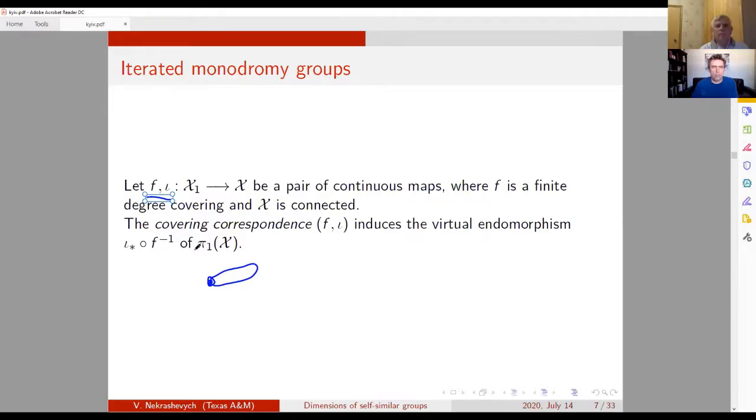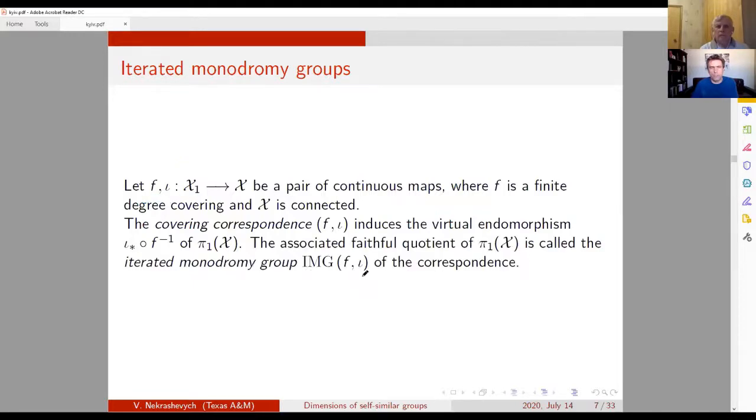So for a subgroup of finite index in the fundamental group, a lift will be a loop, so an element of the fundamental group of X1, and then you can push it back using iota to X. So lift by F and push forward by iota, that will be a virtual endomorphism of the fundamental group. And then we take iterations of this virtual endomorphism, domains of iterations, and then intersect everything, intersect conjugates, you get a normal subgroup and take the quotient.